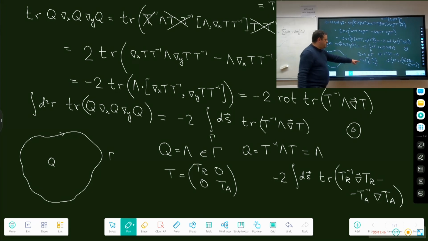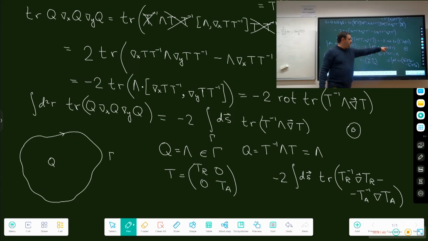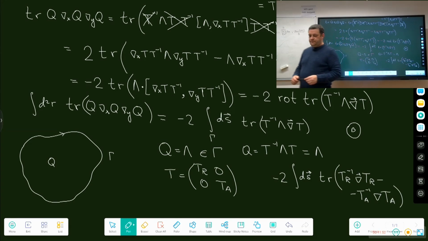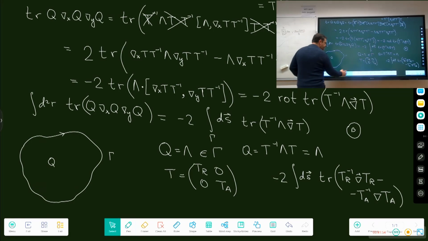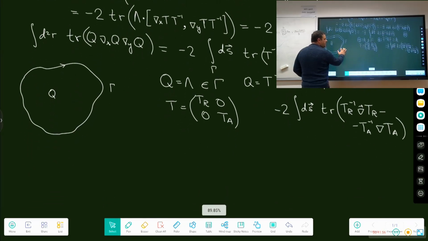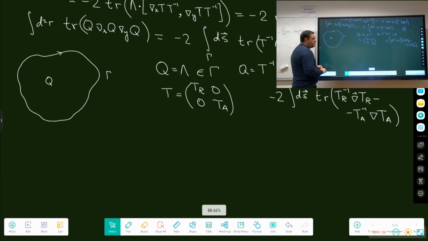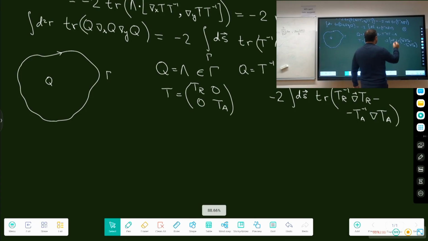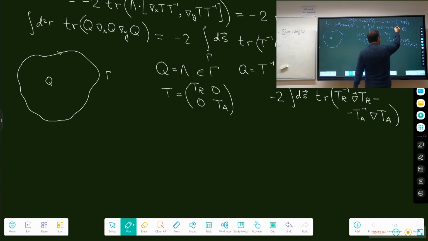I just take this T and I put it here. Lambda is just 1 and minus 1, so I have two parts.